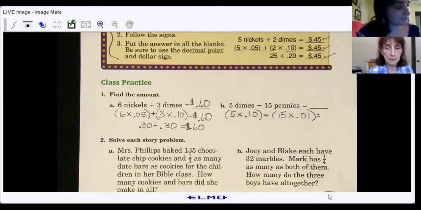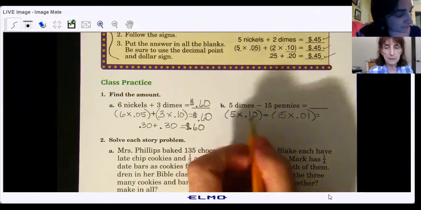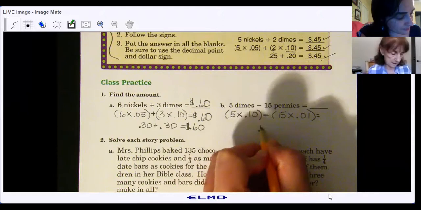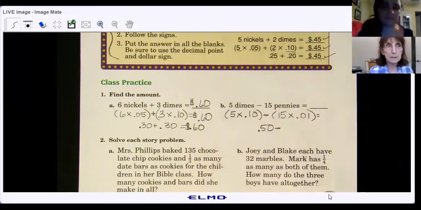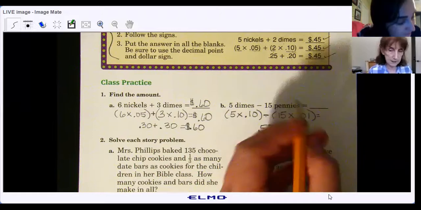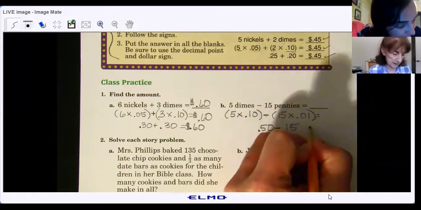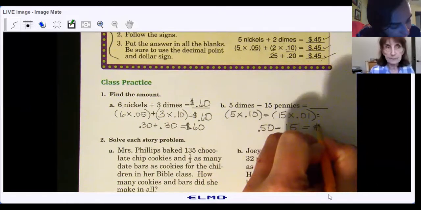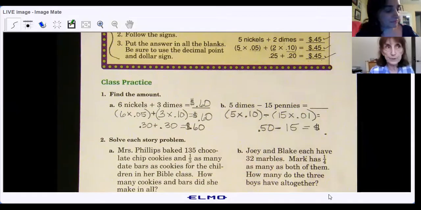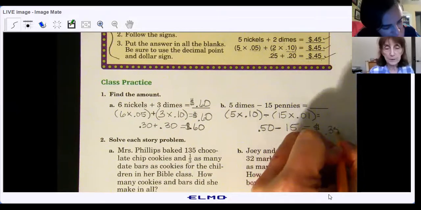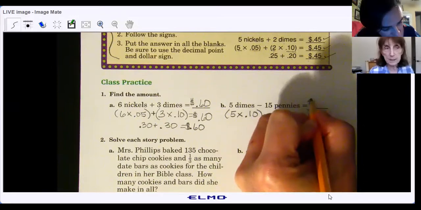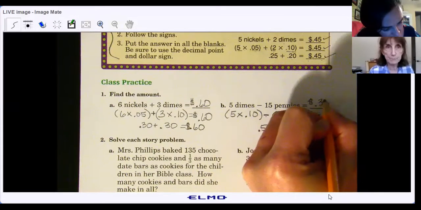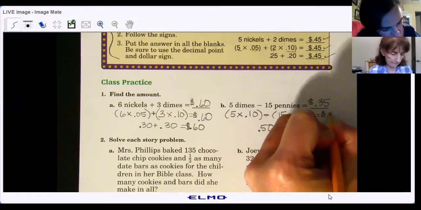Okay, so 5 times 10 is 50, 0.50, 50 cents, minus 15 times 1 is 15. So 50 minus 15 equals 35 cents, in 3 spots. Don't forget your dollar sign and your decimal point. Dollar sign, decimal point, 35.